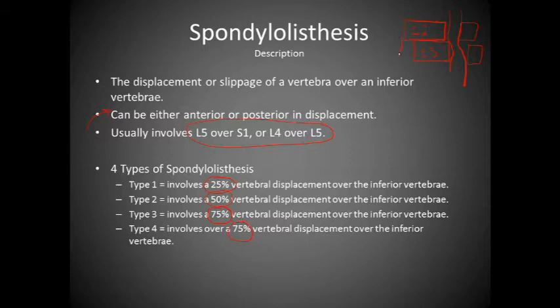So if you look at this, we have this much of a slippage, which is probably equal to about 25%. If we were to have over 75%, you're looking at an instance where something like this. And so there's going to be severe impairment of the spinal cord.